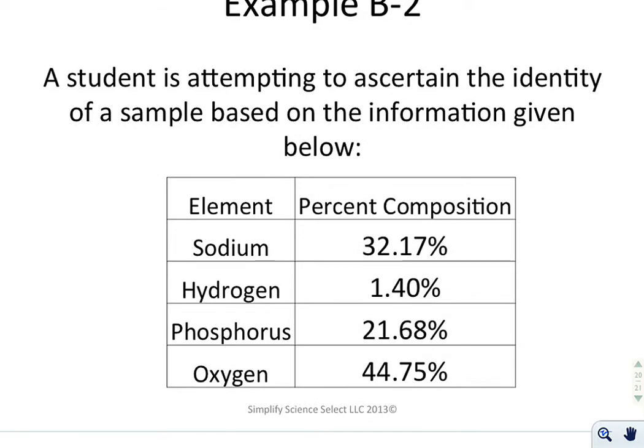Next, it says a student is attempting to ascertain the identity of a sample based on the information below. It says you have sodium, 32.17%, hydrogen, 1.4, phosphorus, 21.68, and oxygen, 44.75. Remember, the procedure is to treat these as grams now, not percent, and to divide them by the molecular mass.